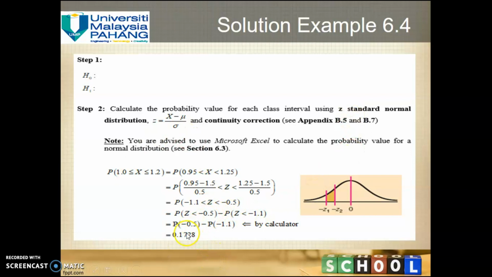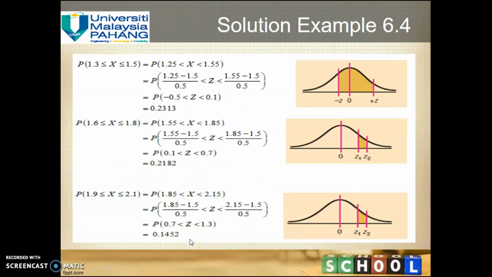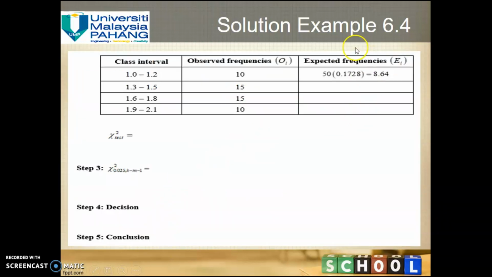What we give you is P1 0.1728, P2 0.2313, P3 0.2182, and P4 0.1452. Use those probabilities and multiply with n, the sample size, to get your E. After that, check whether all the E are greater than 5 or not, and then calculate your chi-square.